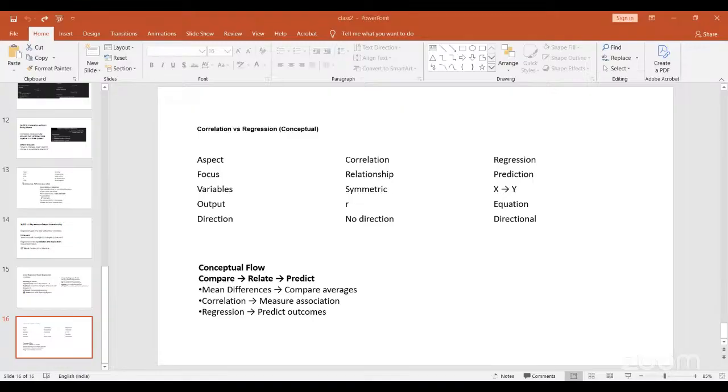Okay, ma'am, is my slide visible? Non-parametric statistics part. No, ma'am, this is the last slide, Correlation versus regression conceptual.